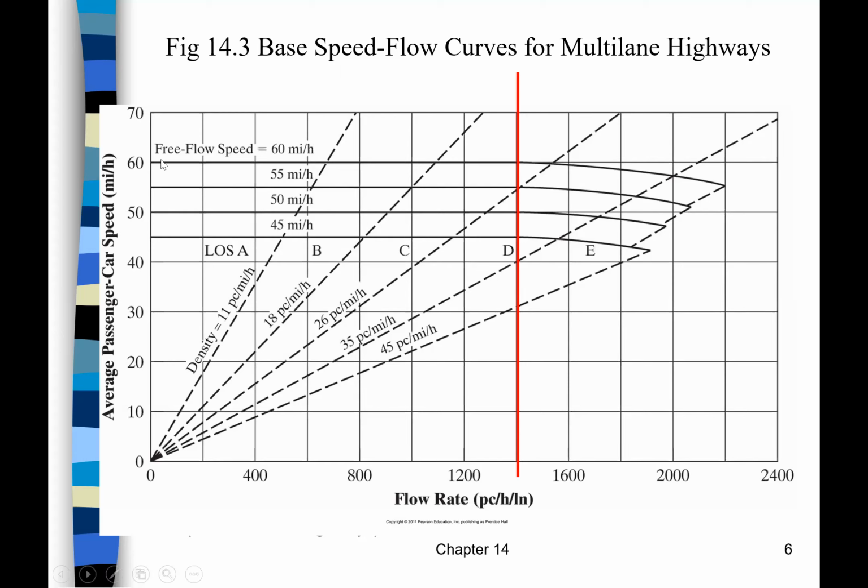The free flow speed, FFS, is slightly different from the free flow speed curves for the freeway, since the red dot is not at the same point here. Start here, start here, start here. Let's start to drop the speed.